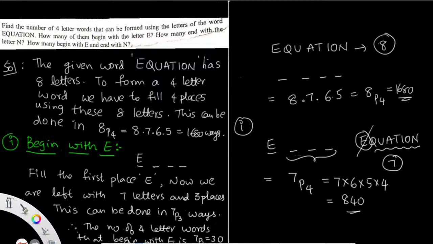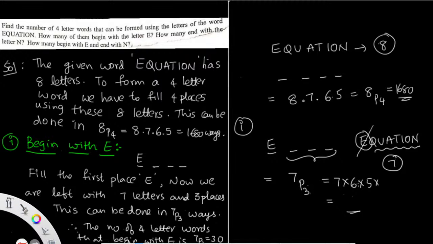So this can be done in 7P3. Here, 7 letters are there and the leftover boxes are only 3 boxes. That's why we write 7P3 ways.